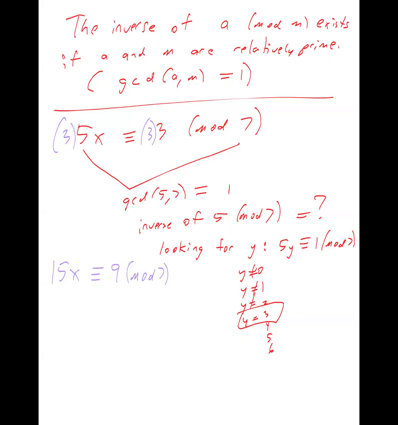But then you have to reduce mod 7, which means find the remainder. Remember, mod means remainder after you divide by the number that you're doing the mod of. So 15 mod 7 is 1, so you get 1x. And 9 mod 7 is 2. So x is congruent to 2 mod 7. That's the solution to the problem.